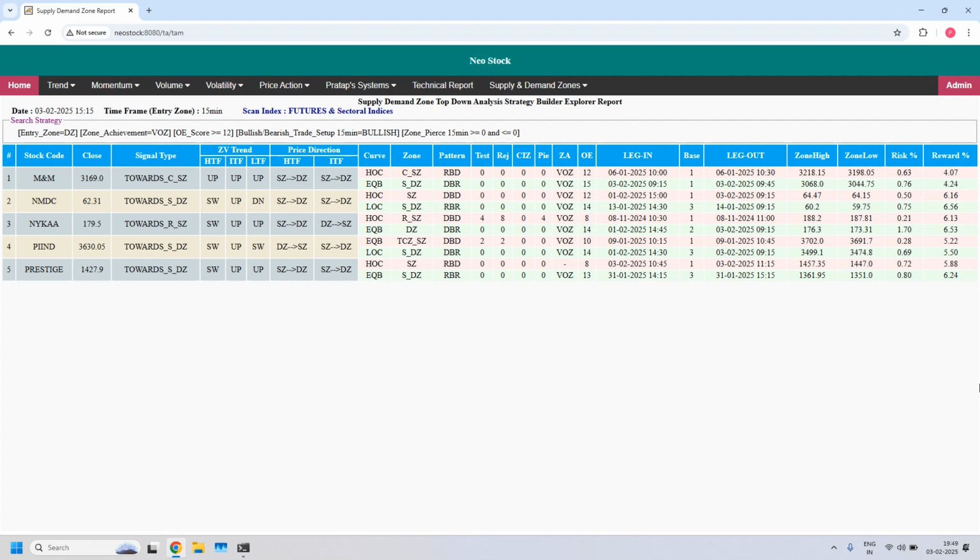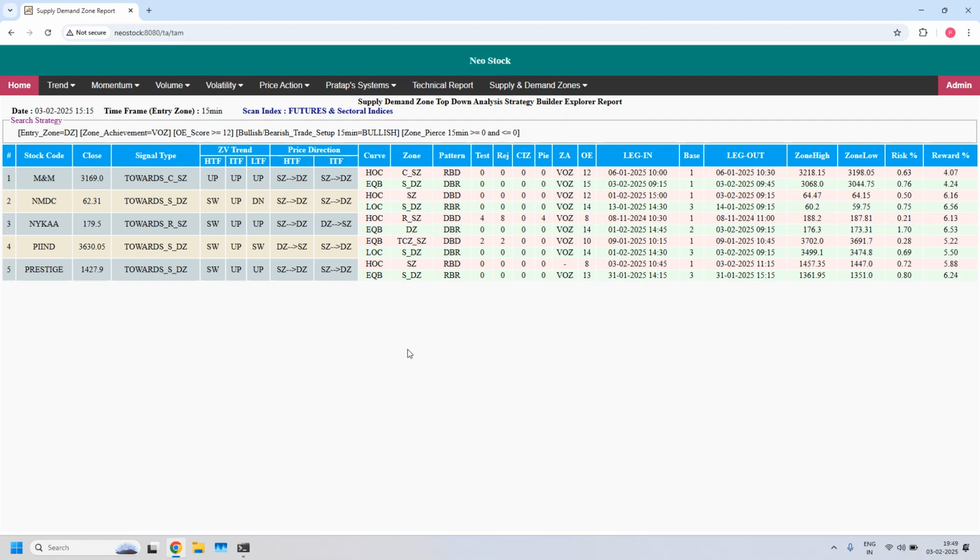So currently these 5 stocks are supporting bullish trade setup for daily income trade, and entry time frame is 15 minutes demand zones. All these 15 minutes demand zones, majority of them are high liquidity zones. Out of these 5 15 minutes demand zones, we can further filter based on the zone confluence.